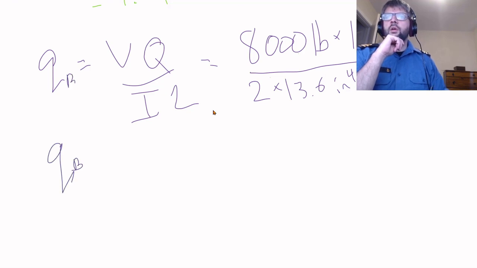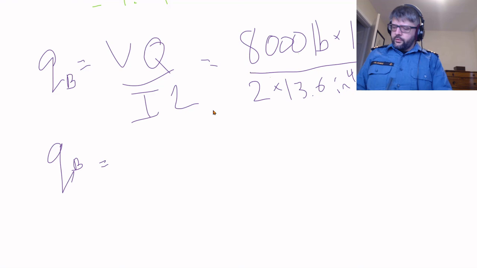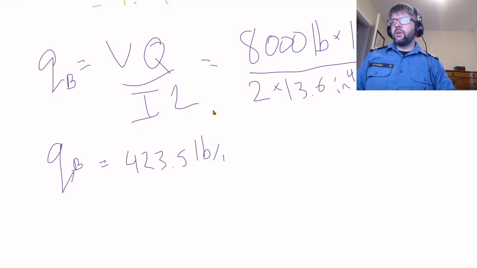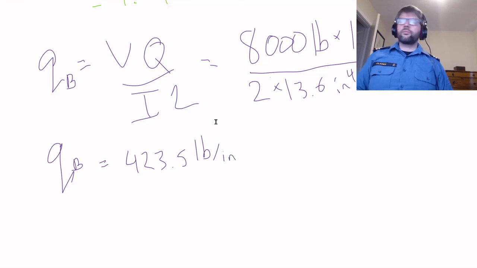Q at B, therefore, is equal to 423.5 pounds per inch. So that's our shear flow.